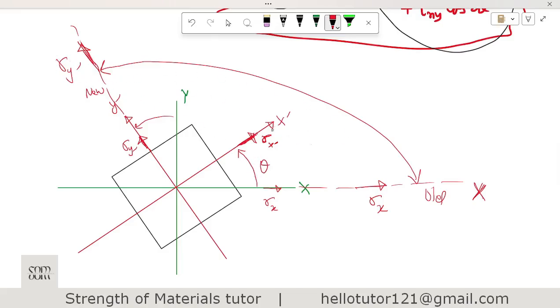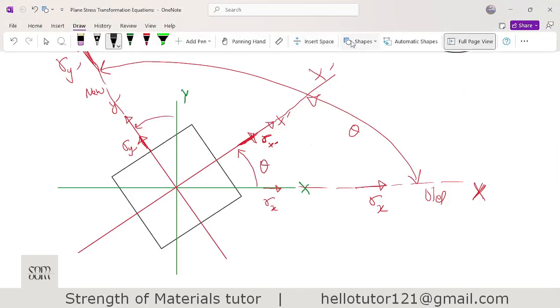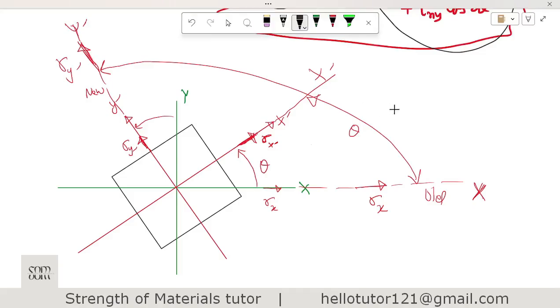Now this angle is theta, so this much is theta, and how much is this? This is x prime, this is y prime. Now if this is x, this is y, this is 90 degrees. Again, if this is x prime, the angle between the two is always 90 degrees.